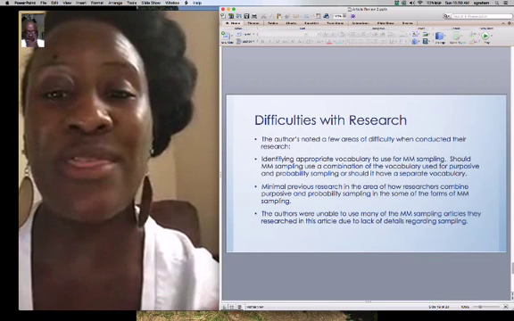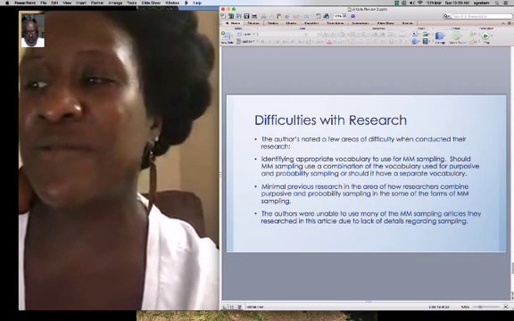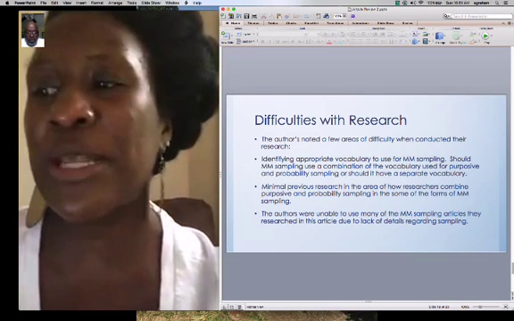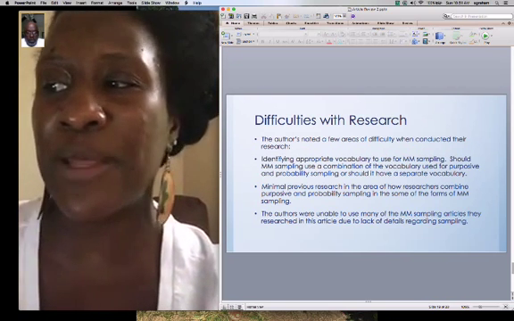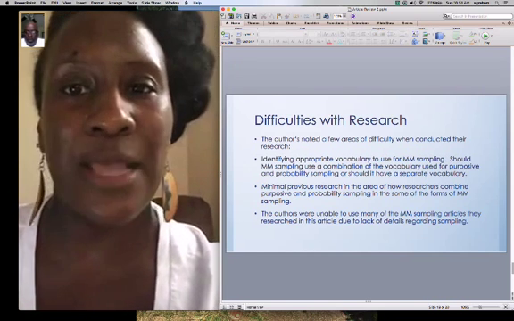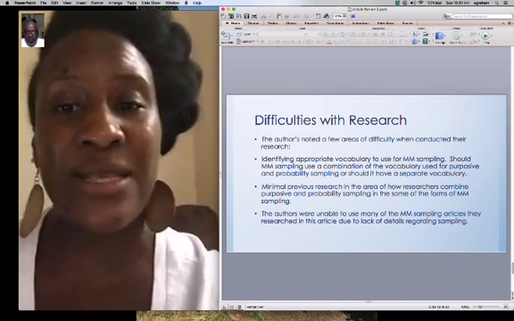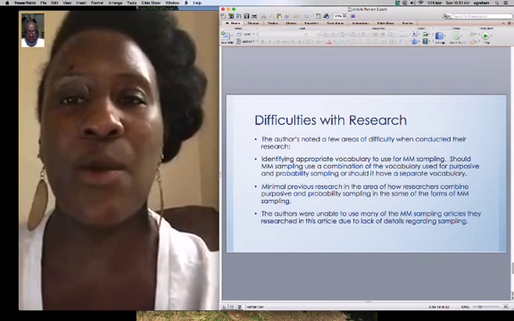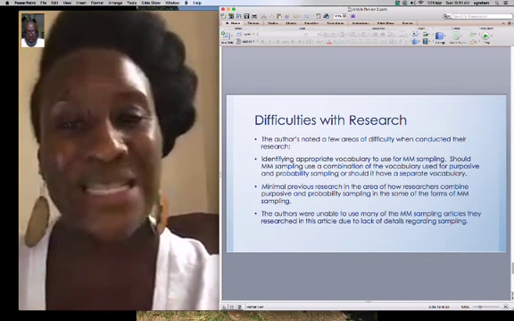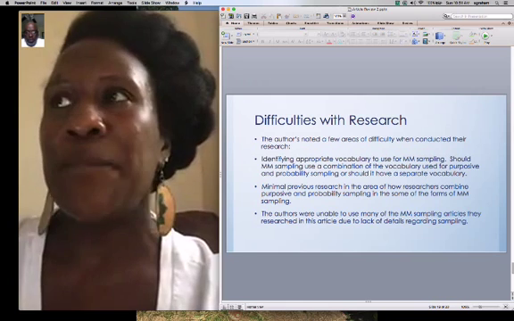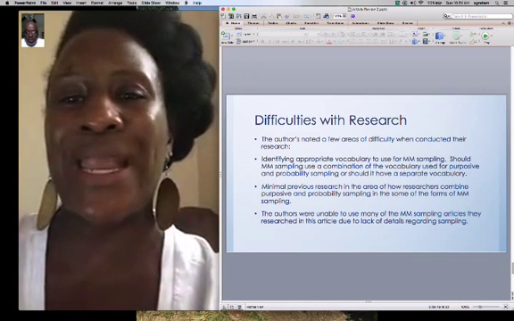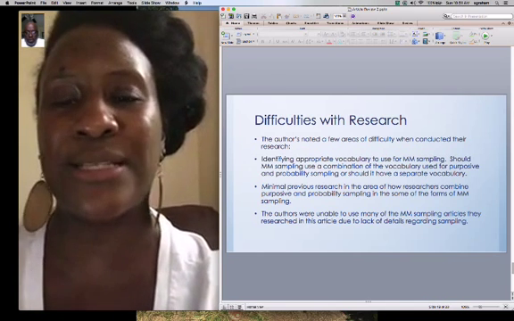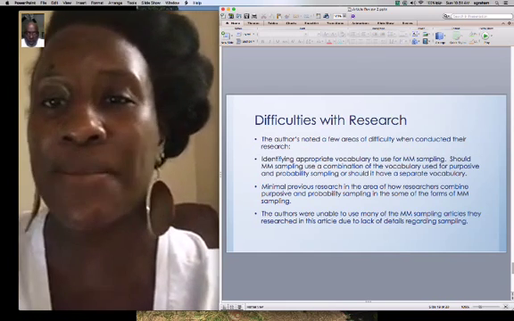So they talked about the vocabulary aspect of that, and then they also found minimal previous research on how researchers combine purposive and probability sampling in some forms of mixed method sampling. So based on the list of mixed method sampling techniques that we gave you, the concurrent, the basic mixed method sampling techniques, they had difficulty showing how the researchers actually used the data in those different types of mixed method samples.